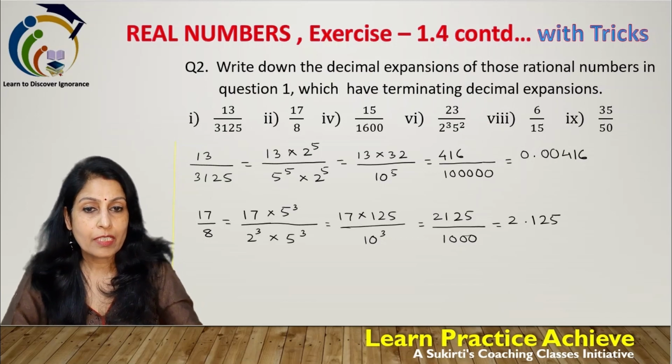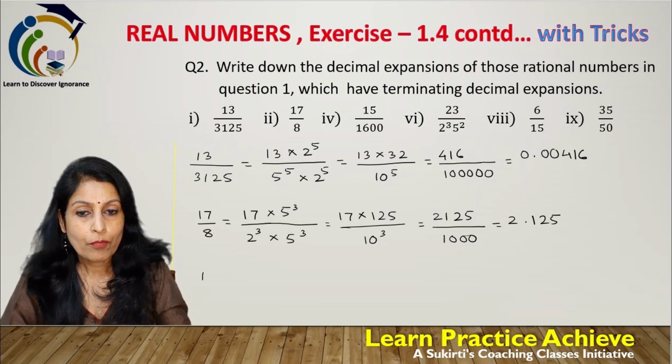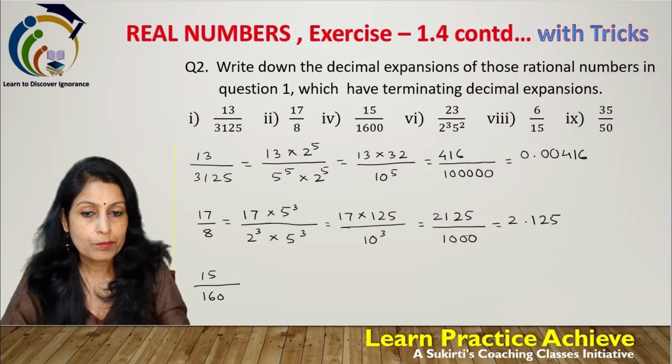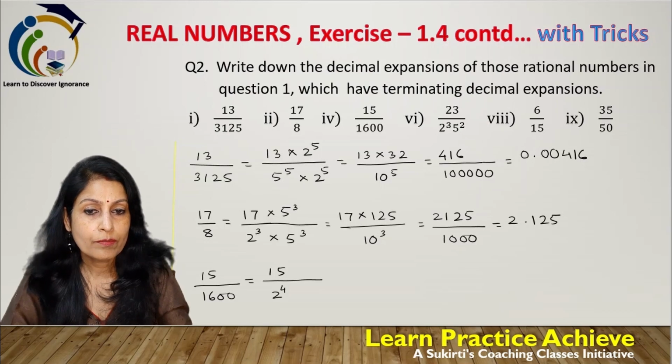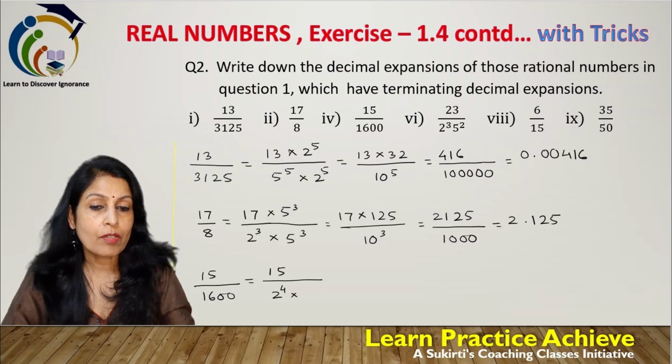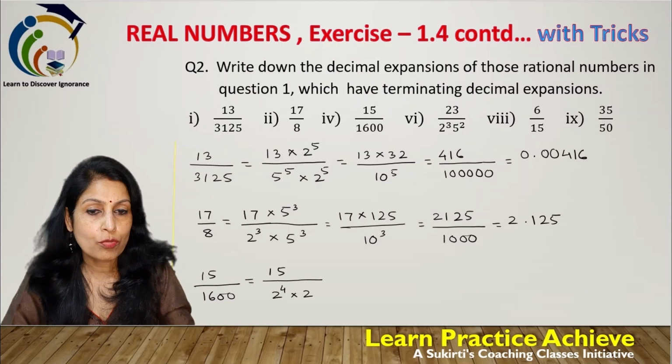Okay. In the same way, we will take out 15 upon 1600, and 1600 can be written as 2 to the power 4 into 100. 100 can be written as 2 to the power 2 into 5 to the power 2.